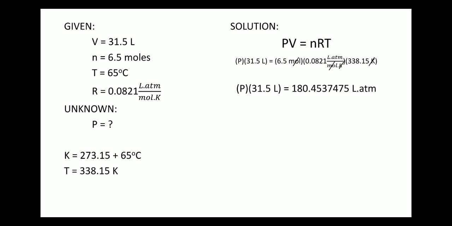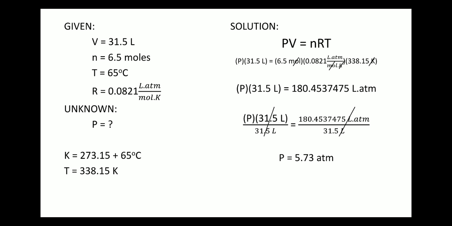I suggest if you are in the middle of the computation, you copy all the values. For the left side, copy P and 31.5 liters. Then to find P, divide both sides by 31.5 liters, cancel the unit liter on the right side, then divide 180.4537475 by 31.5. Then P is equal to 5.73 atmosphere.